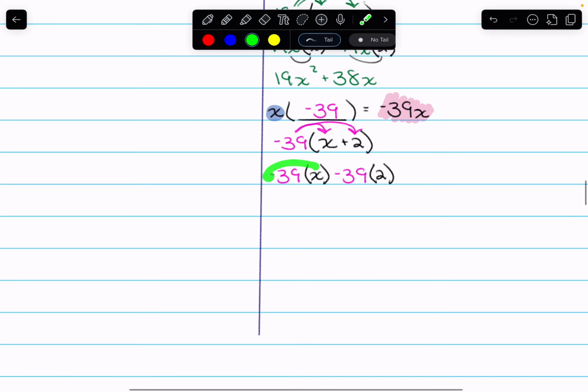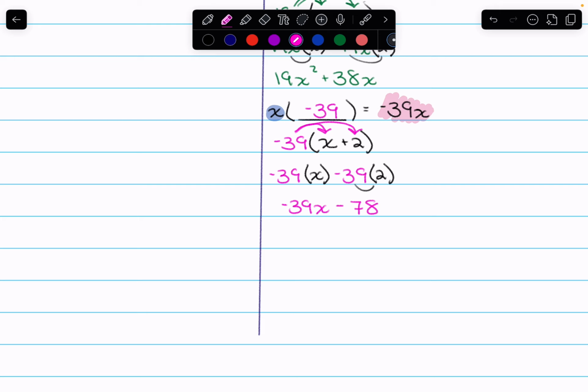I can't simplify negative 39 times x, so I just write it as is, negative 39x. And then negative 39 times 2, I can simplify. That becomes a negative 78. That's the end of step 2.